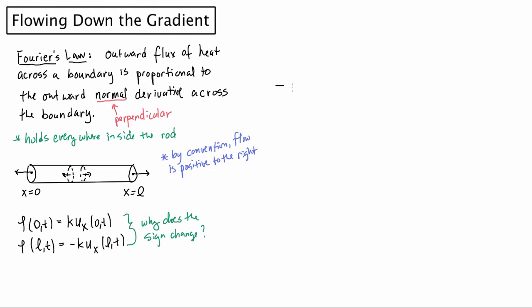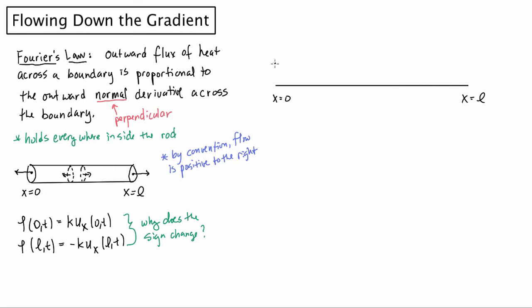So here's the picture that we have. Imagine that this is the x-axis. So we've got, let's say, x equal to 0 on this side. We've got x equal to L on this side. And suppose that the initial temperature profile of the rod is doing something like this.